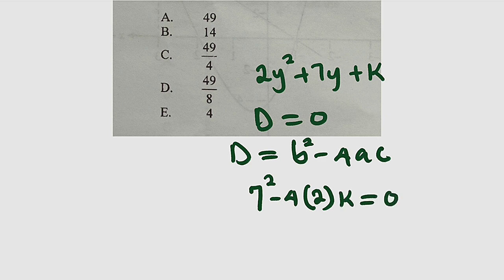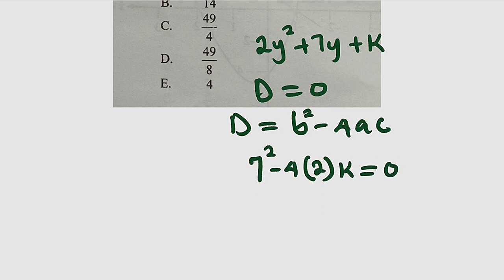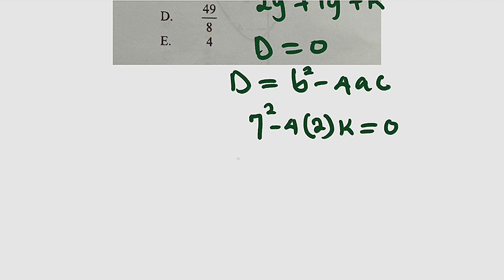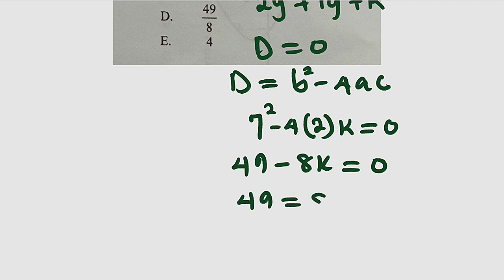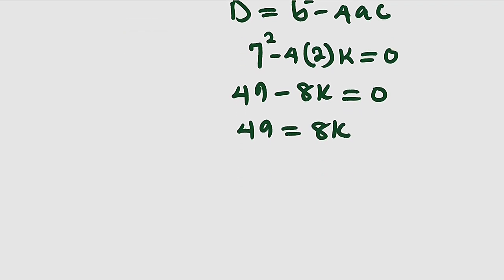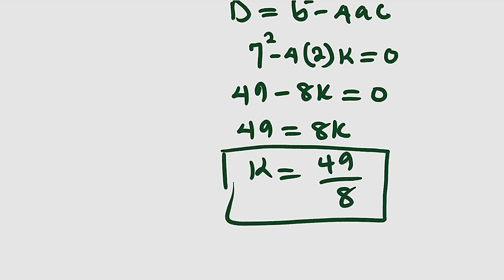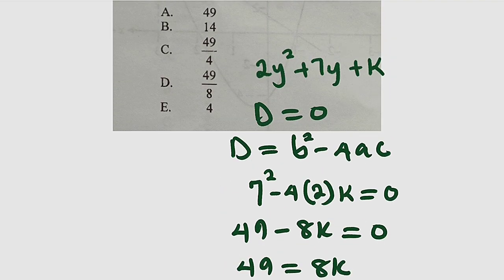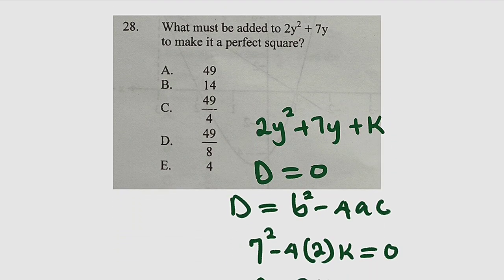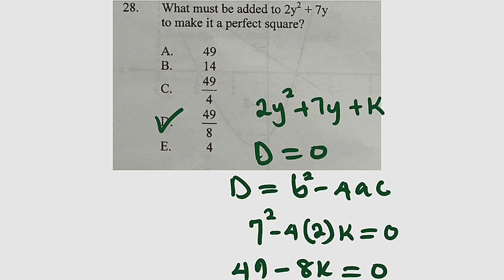This must be equal to 0 for this to be a perfect square. 7 squared is 49 minus 4 times 2 times k, this is 8k, equal to 0. 49 equals positive 8k. Divide both sides by 8, and k must be 49 divided by 8. This is the value of k, and this is not the only way to do that. You can try other methods. We have it as option D.